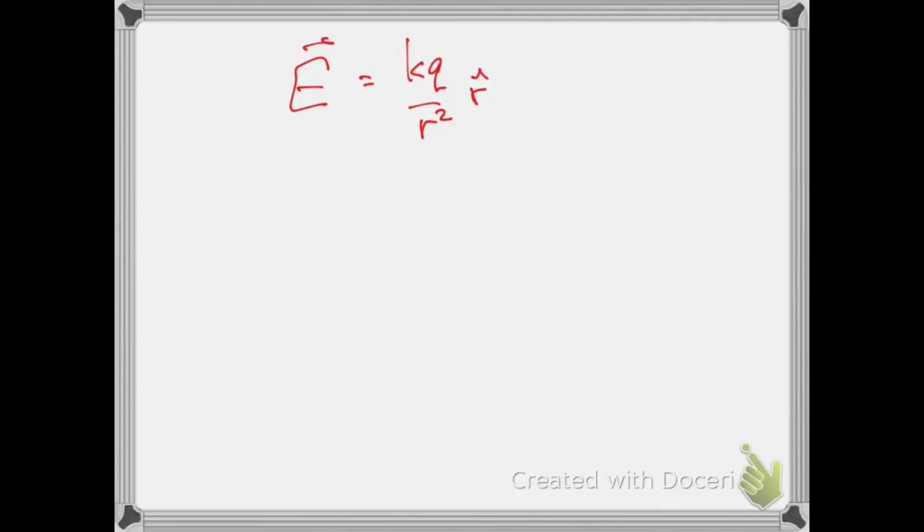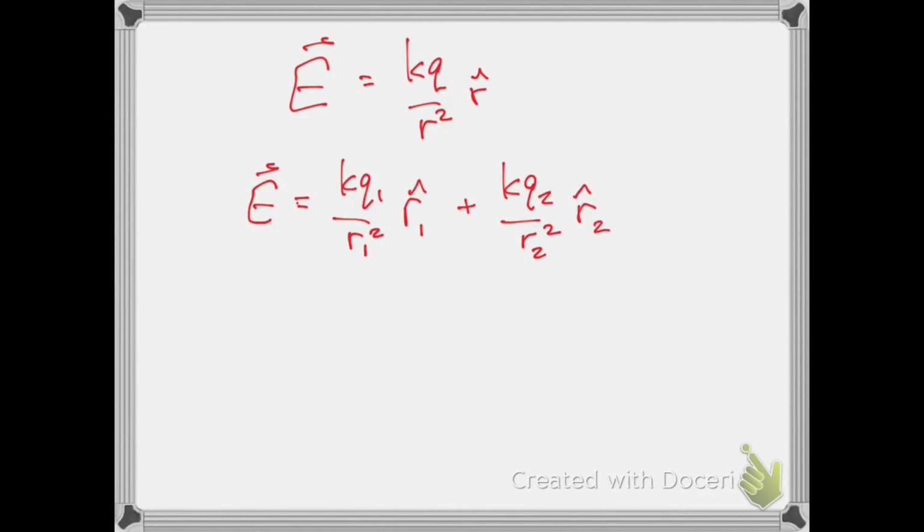If we want the electric field of a distribution of charges, we've got to add up, as we already said, E is equal to kQ1 over r1 squared in the r1 hat direction, plus kQ2 over r2 squared, whatever direction that field would point in, plus kQ3 over r3 squared, plus whatever direction that's in, and so on.